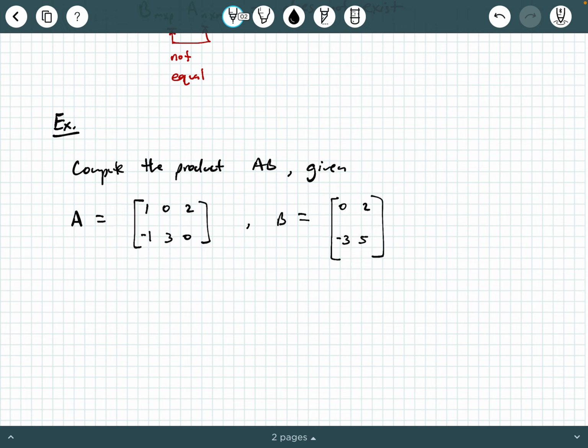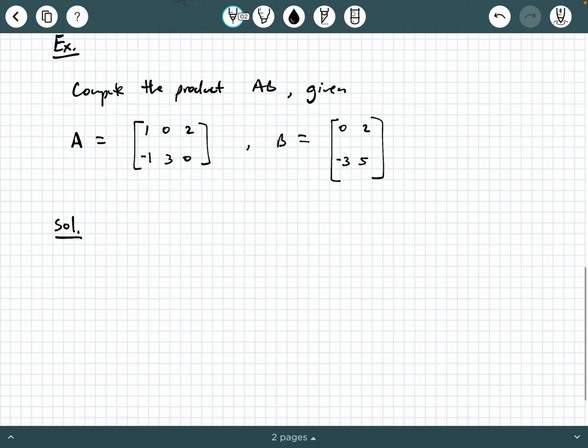Okay, so let's write solution and let's see what we can do. A is what size? A has 2 rows and 3 columns. So A is a 2 by 3, and we're going to multiply that by B. What is the size of B? B is a 2 by 2, so we say 2 by 2.